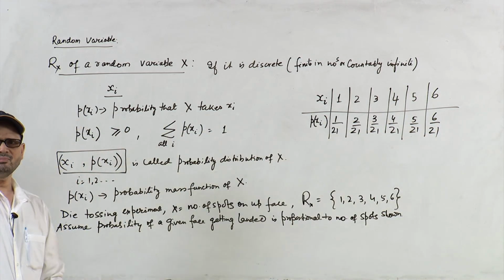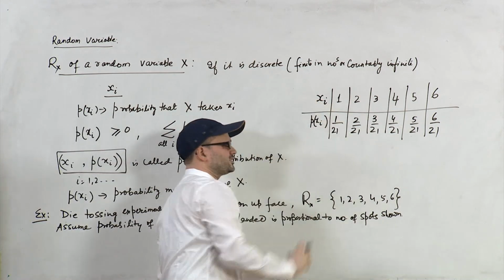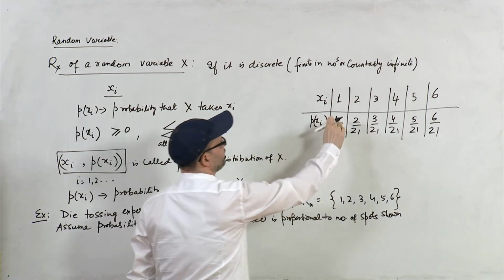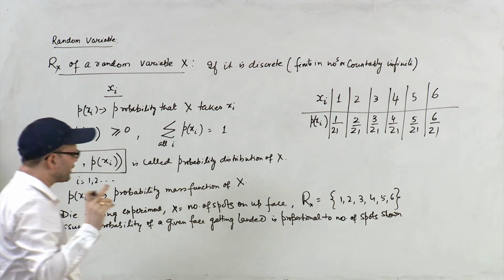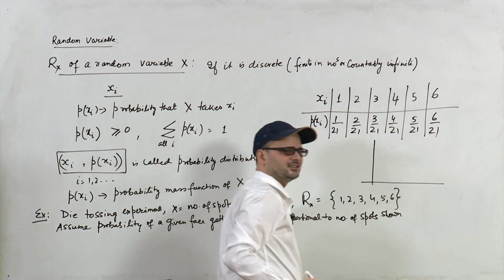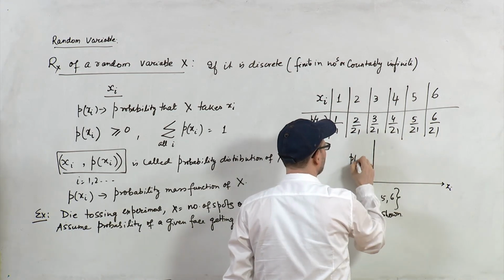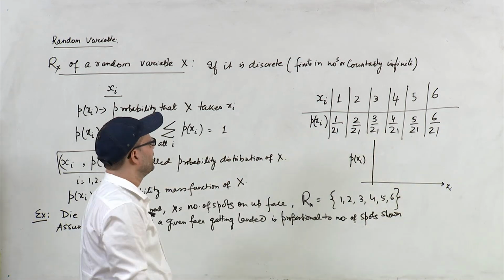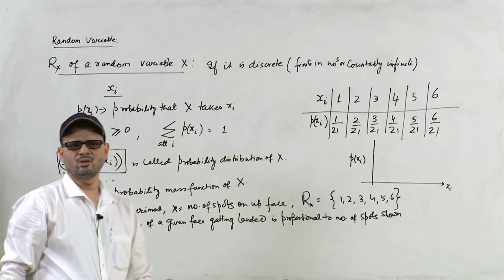So, what we see is that in this condition, this is how the probability of appearing of any face varies, and you can have a graph. On this axis you will have xi and on this p(xi). So, p(xi) will vary from 1 by 21 to 2 by 21 and so on.